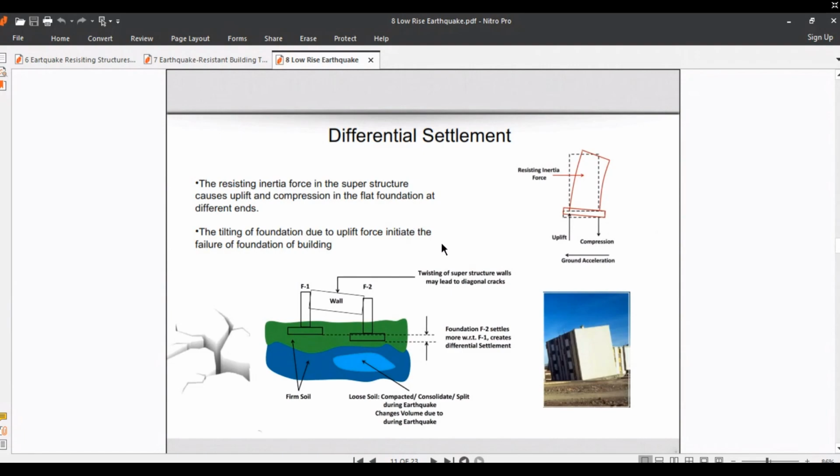We have compaction and consolidation in the loose soils during the earthquake, and a change in volume in the loose soils. After that, different settlement occurs in the foundations, and then we have problems in the columns and the building above these foundations, such as overturning or collapse in the structures.